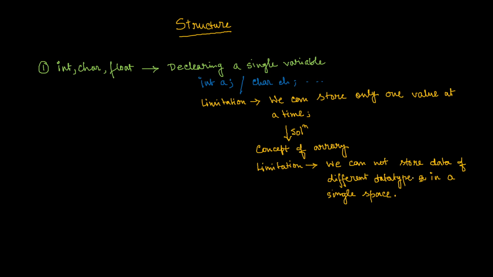What does it mean? For example, record of a person. Record of a person may include his name, his phone number, his age. For example, record of a student like you.